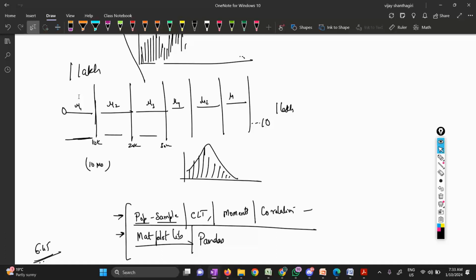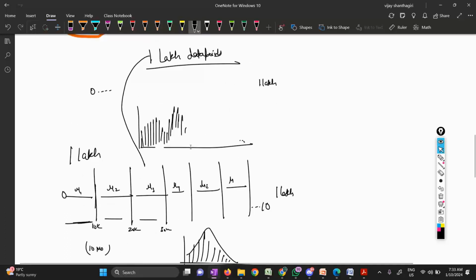And if you plot the entire 1 lakh here, it will take 1 lakh iterations to find the probabilities, because there are 1 lakh points. So instead of that, why can't we just make it 10 points by taking 10k each?